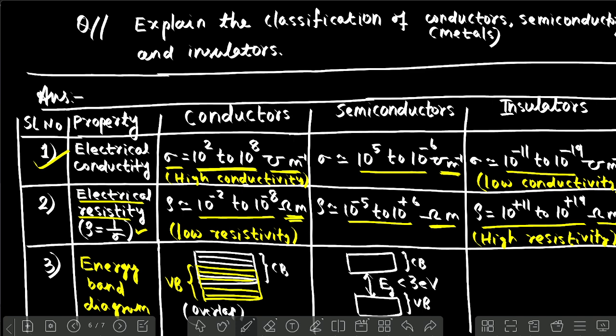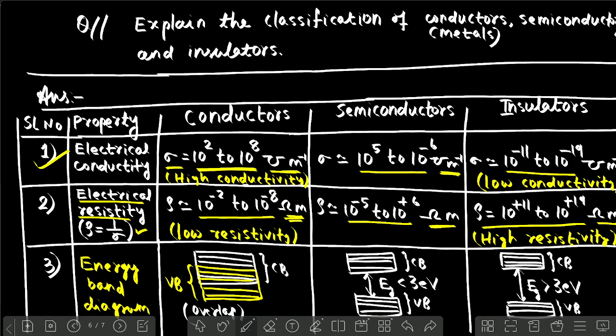The upper one is the conduction band and the lower one is the valence band. Now for the insulator, there will be a high energy gap between the conduction band and valence band. Here the energy gap Eg is greater than 3 electron volt. This is the valence energy band.